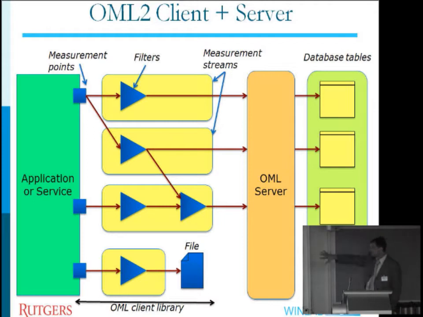And then you have all these filters which enable you to dynamically configure the collection process of the measurements that are streamed to the server. Again, for disconnected operation, we have the bottom case where you can store measurements locally and hopefully transfer them after the fact over to the server.